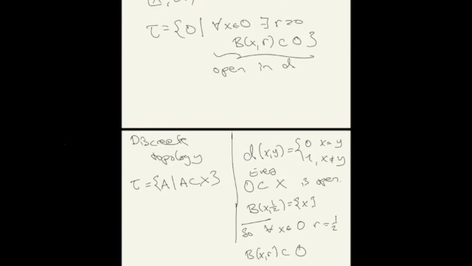The sequence x_n equals 1 over n does not converge in the discrete metric in R. Now, this is just convergence in R, so there is no component-wise convergence. Component-wise convergence is an issue of R^d because we have many components, x_1, x_2, up to x_n. When you have a sequence of points, you can look at each of the components individually converging.